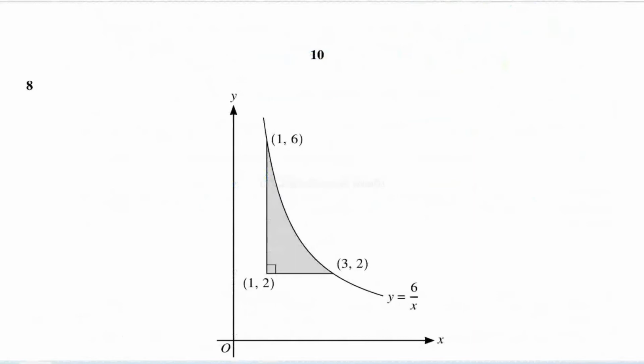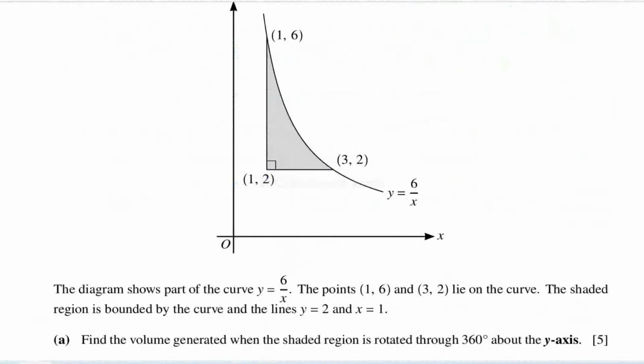The next question is, the diagram shows part of the curve y is equal to 6 over x. The points 1, 6 and 3, 2 lie on the curve. The shaded region is bounded by the curve and the lines y is equal to 2 and x equal to 1. Find the volume generated when the shaded region is rotated through 360 degrees about the y-axis.